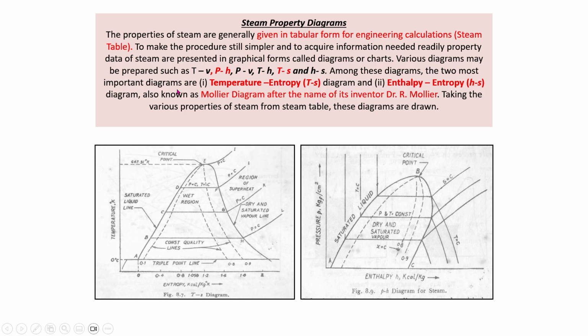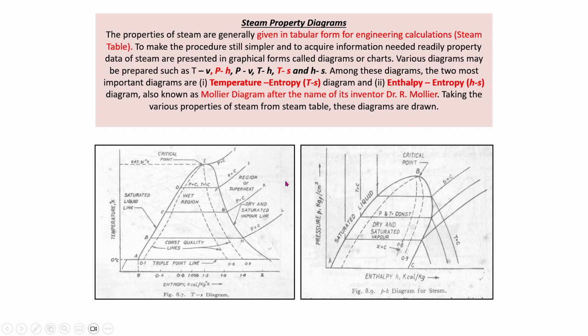Among these diagrams, the two most important ones, temperature and entropy, and enthalpy and entropy, are normally used. The enthalpy and entropy diagram is called the Mollier diagram, because it was invented by Dr. R. Mollier.